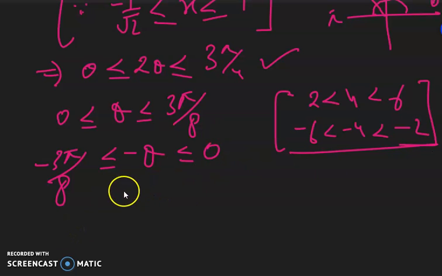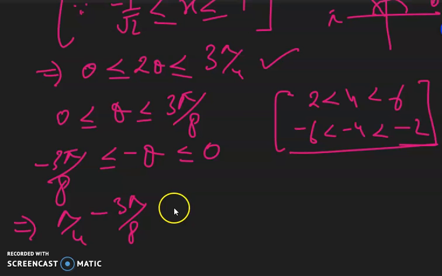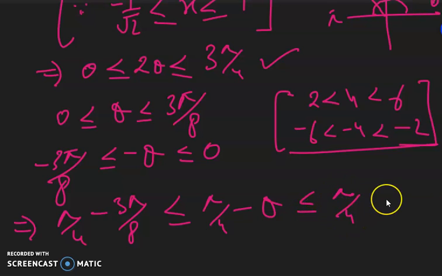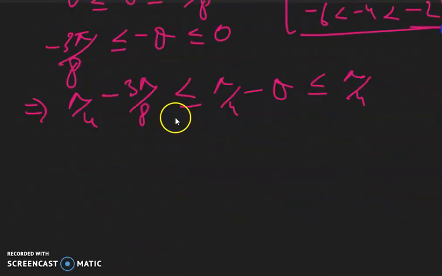Now I am interested in pi by 4 minus theta, so I will add pi by 4 to every term. So I get pi by 4 minus 3 pi by 8 is less than or equal to pi by 4 minus theta is less than or equal to pi by 4 minus 0, or plus 0, whatever. This remains the same.